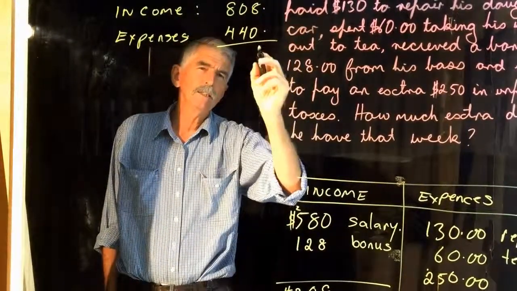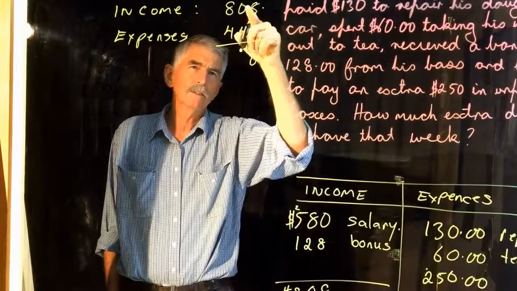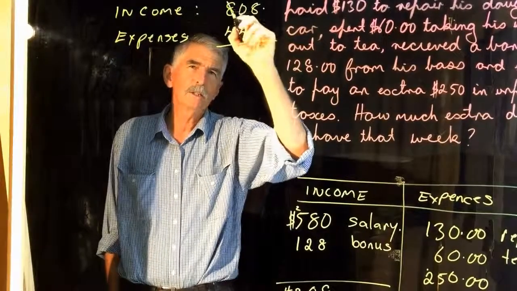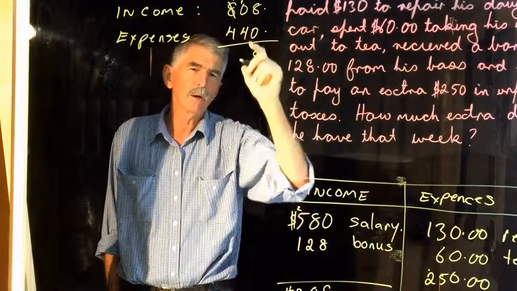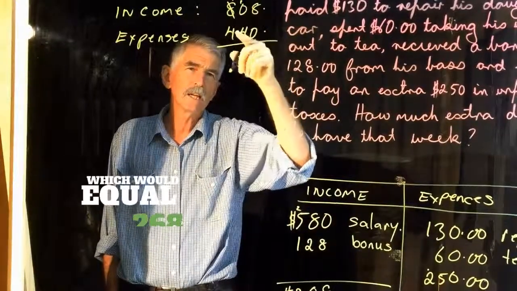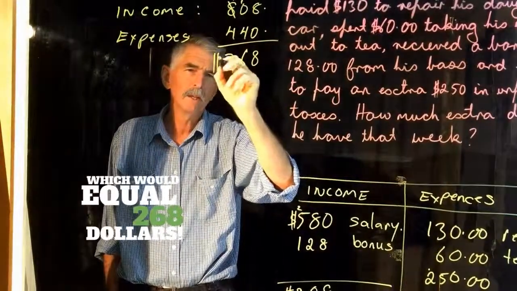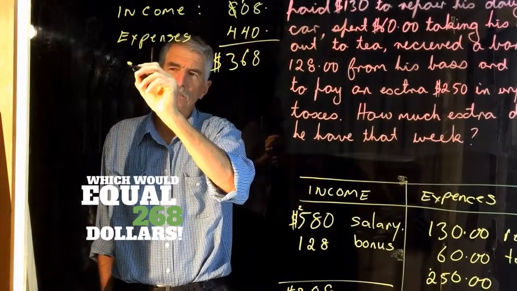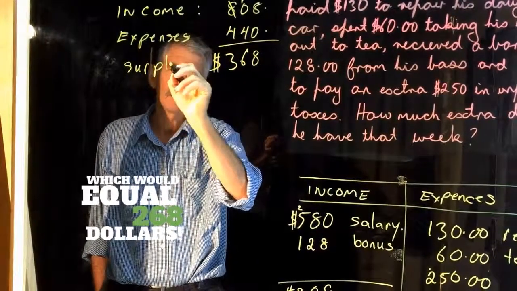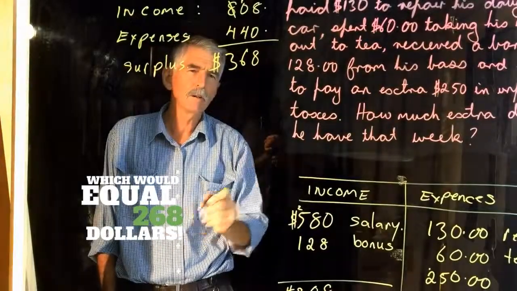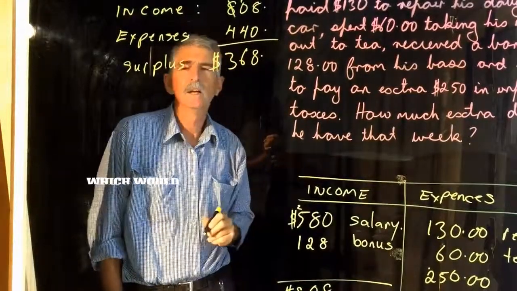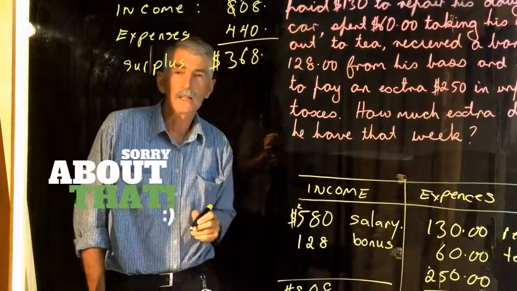So 8 take away 0 is going to be 8. 0 take away 4 we can't do, so we're going to trade down. 10 take away 4 is going to be 6. 7 take away 4 is going to be 3. And he's going to have a surplus or an amount left over of $368 after all expenses have been taken out from his income.